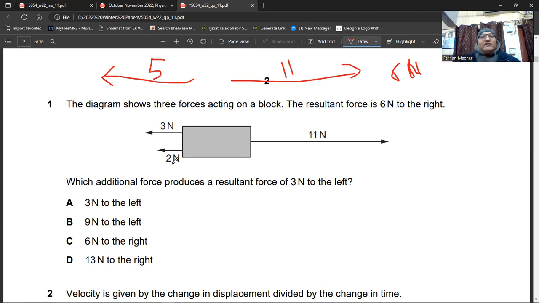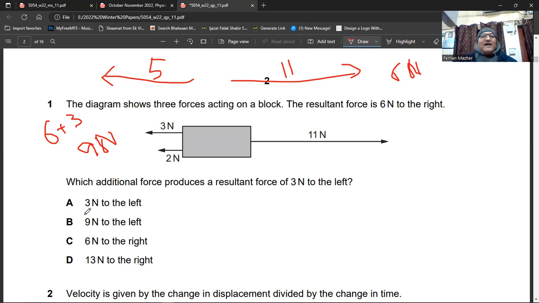So I need to balance this 11, plus 3 Newton extra. So this is 3 plus 2, 5, and 5 plus 6 will be 11, and you want an extra 3. So it should be, I think, 9 Newton. Okay, so try to understand the idea.